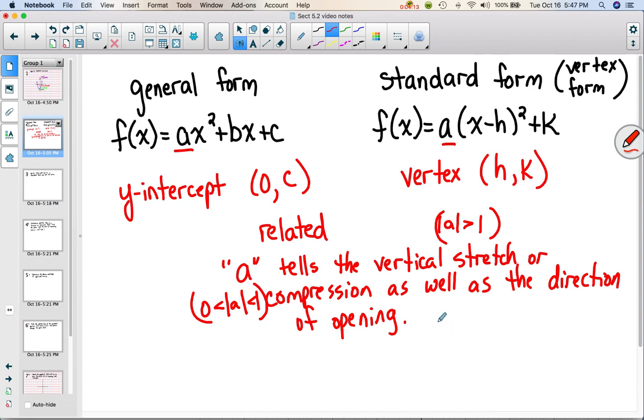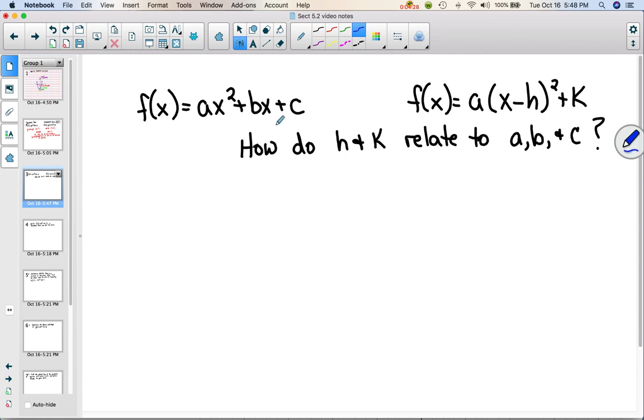Then how does the vertex (h, k) relate to a, b, and c? That's one of the things I want to show you that I found interesting. Since these are both defining the same parabola, they have to be equal. So ax² plus bx plus c has to equal a times (x minus h) quantity squared plus k.